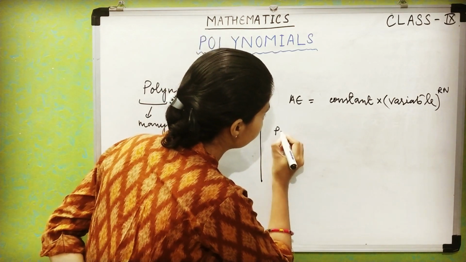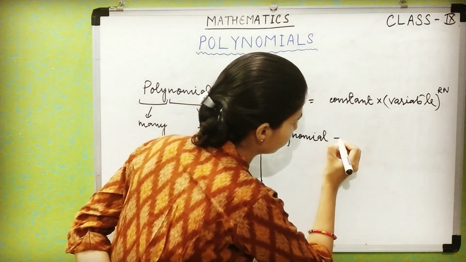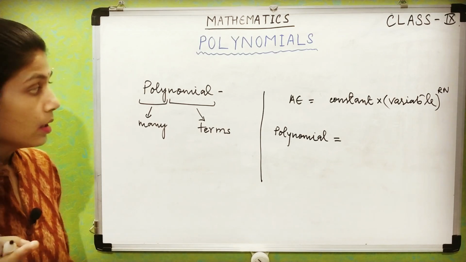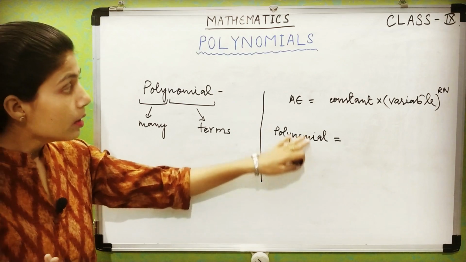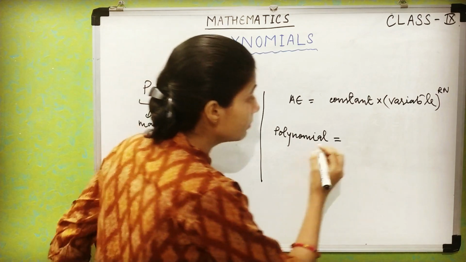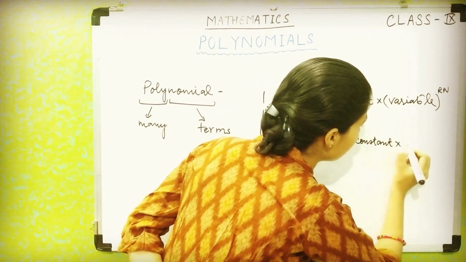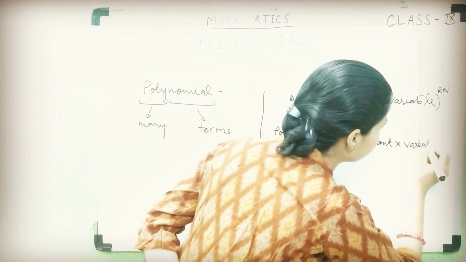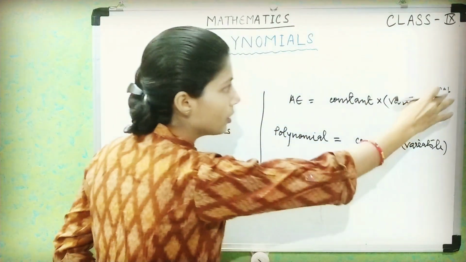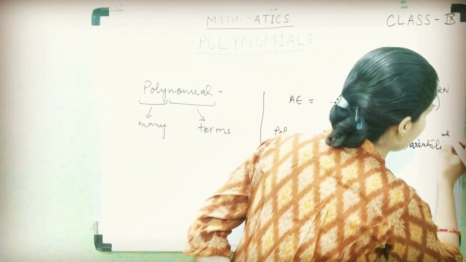Polynomial is an algebraic expression which has the form constant into variable, but raised to power not a rational number but a whole number. Okay, power is here a whole number.